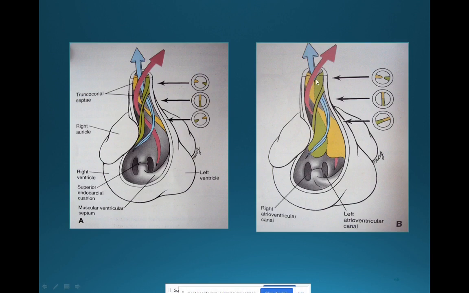Again, you move up, you see the aorta comes in front, and posteriorly there is the pulmonary trunk. So the septum itself is spiraled, and this happens due to the flow of the blood.